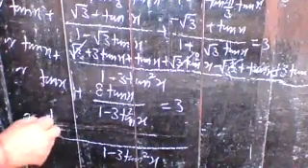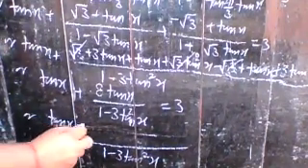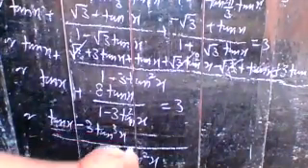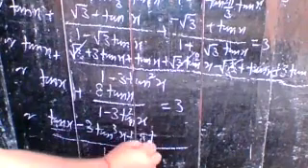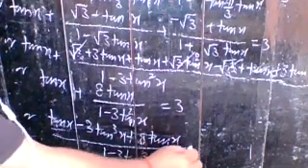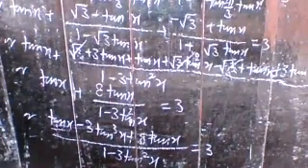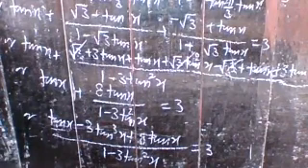So here you have tan x minus 3 tan cube x plus 8 tan x, which is equal to 3.